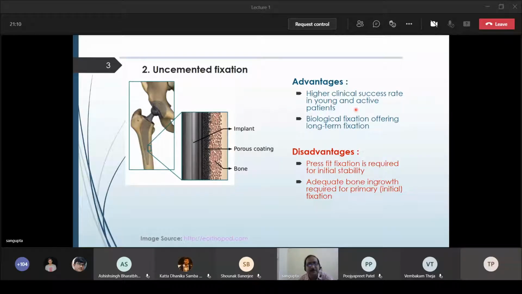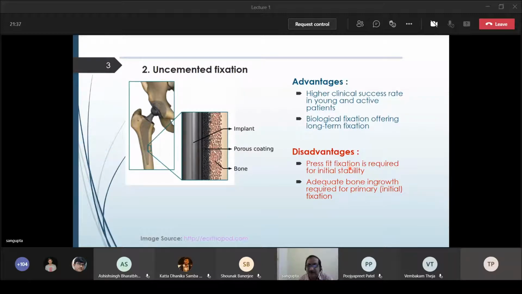So for young and active patients, particularly, this is preferred because bone can grow very easily at a younger age as compared to an old patient. So the more the bone ingrowth, the better is the osseointegration of the implant with the bone, thereby offering you more long-term fixation.